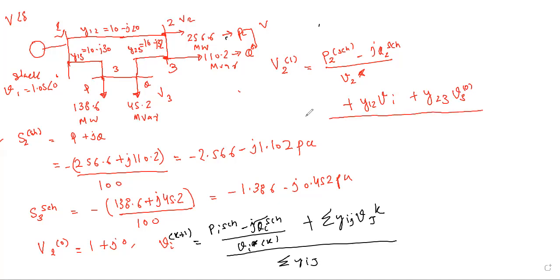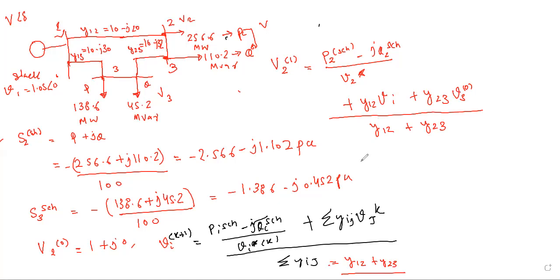What is the whole thing? Divided by Y12 plus Y23. This is the summation, because I'm summing these values Yij. This is the summation value.